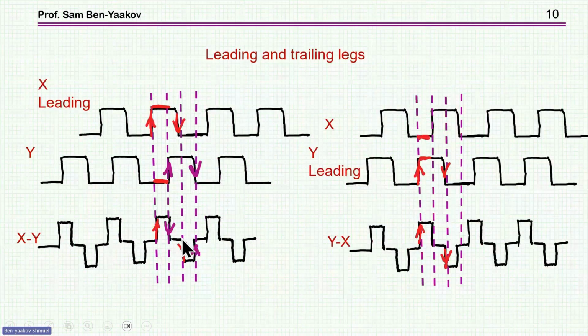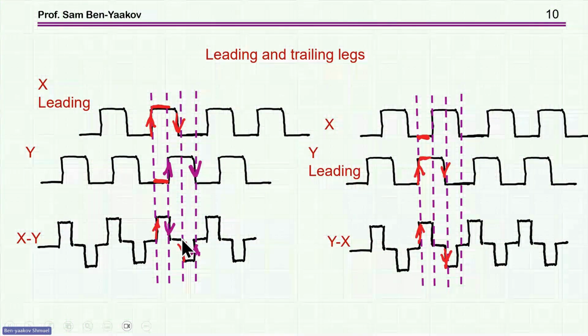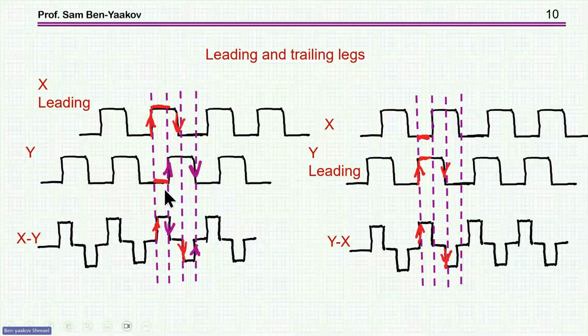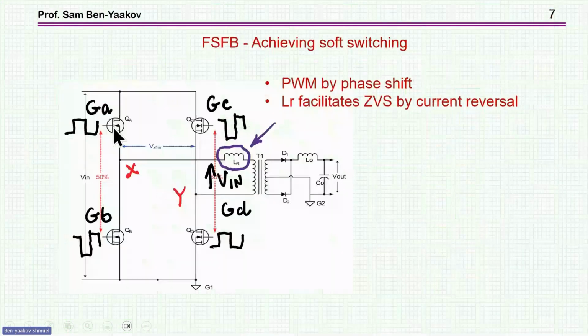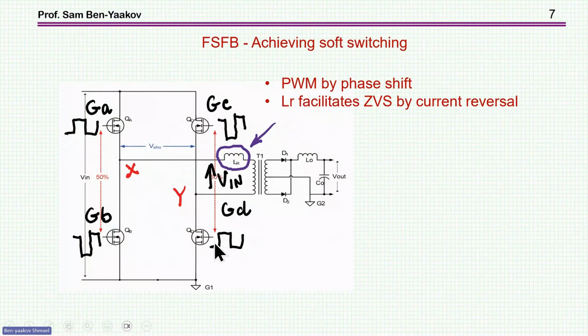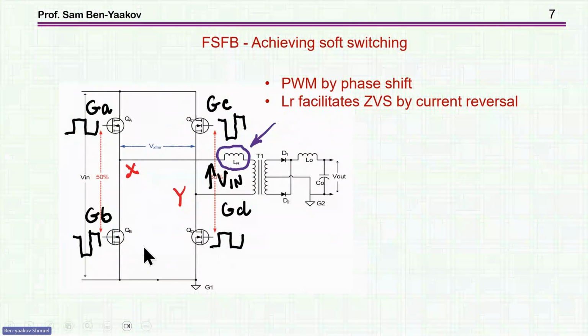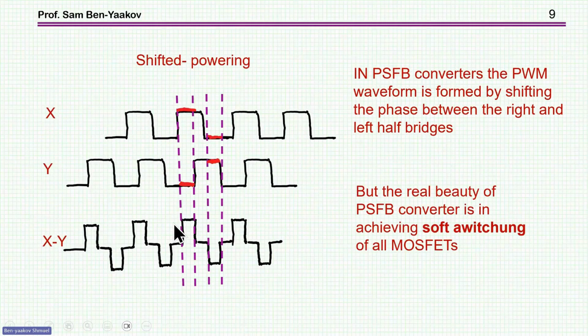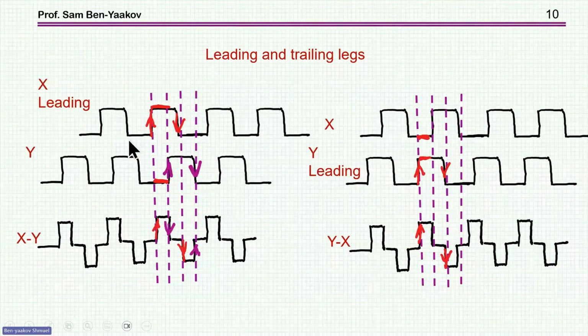It's very interesting and important to understand that although these half bridges sort of look the same, they are not the same. I'm sorry, this half bridge and this half bridge. One we call leading, and one is lagging. The leading is the one that is sort of first.